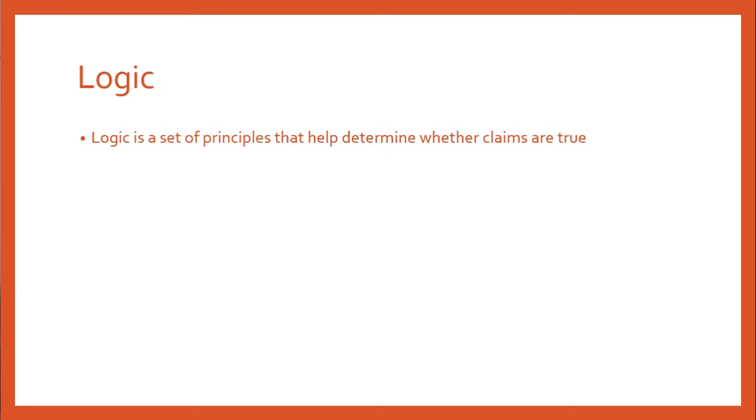When people tell you something and you're not sure whether or not to believe them, you want to think about whether what they're saying makes sense to determine if you're going to believe them, or possibly be convinced by whatever arguments they're going to make. So logic is that aspect of thinking and critically evaluating what people are saying to determine if you're going to accept what they say as true or reject it because it is false.